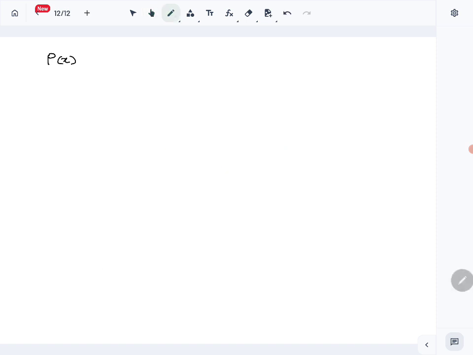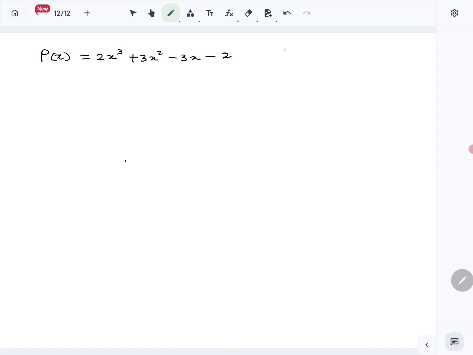So p of x is what? 2x cubed plus 3x squared minus 3x minus 2, right? And we have figured out one factor.